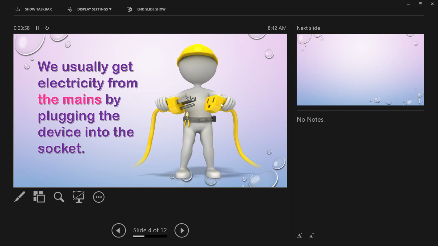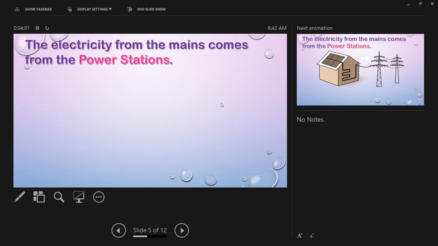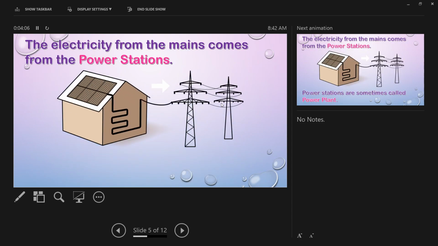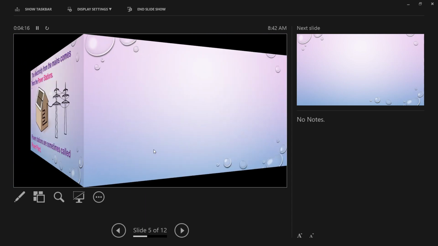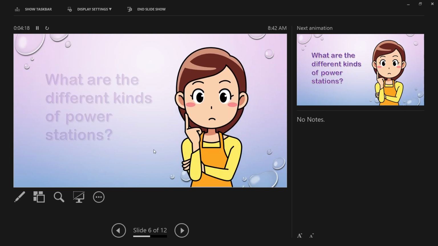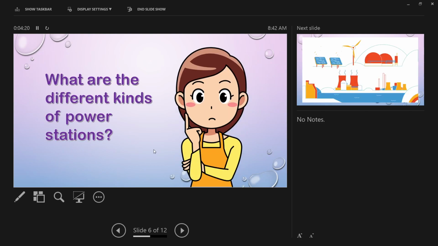Okay, we are going to use the electricity by the mains. And now, the electricity from the mains comes from the power stations. So power stations are sometimes called power plants. Okay? And next, what are the different kinds of power stations?